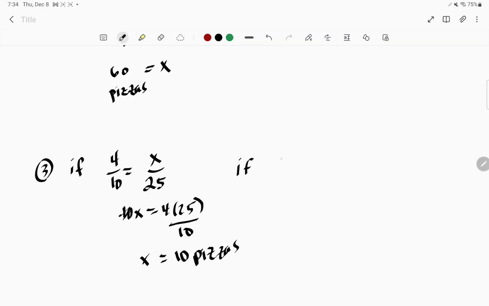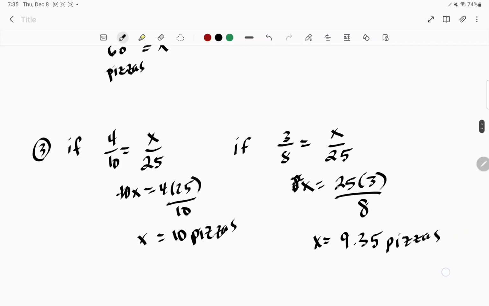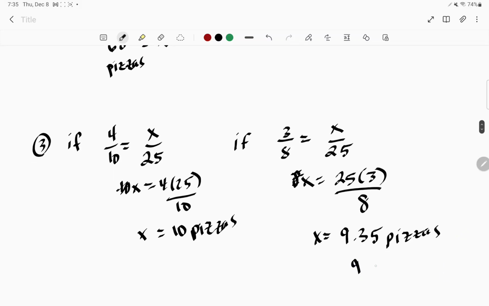However, if you used 3 pizzas to 8 people, and you're looking at using that same ratio for tables of 25, then you would set up your proportion like this, and you would have 8x is equal to 25 times 3, divide by 8 to figure out what that x value is, and in this case you would get 9.35 pizzas. Right, so around 9. You can't order 0.35 pizzas, so that rounds down to 9 pizzas.